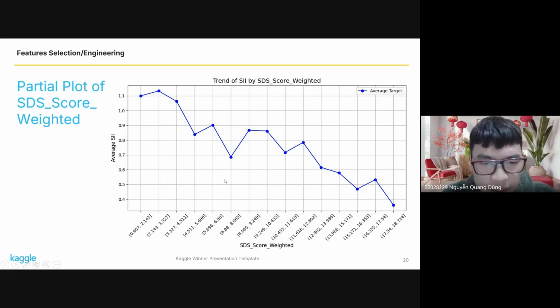However, I've just found out that I made a mistake when calculating the SDS score weighted, which made this feature flipped. High SDS score became low and low SDS score became high. So therefore, we are seeing a decreasing trend right here. Despite this mistake, this feature still works effectively somehow.